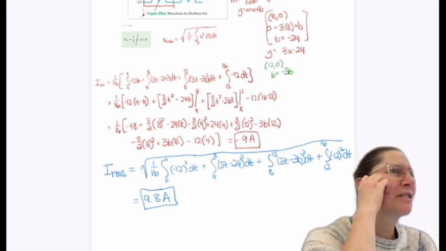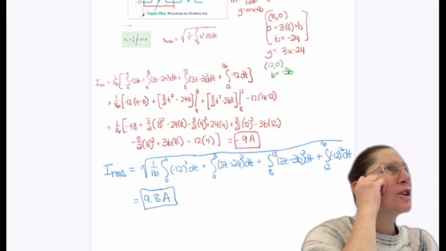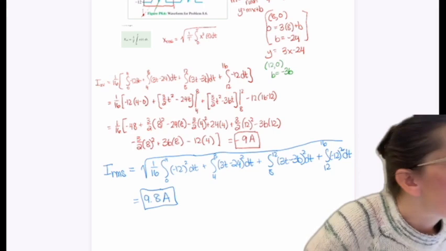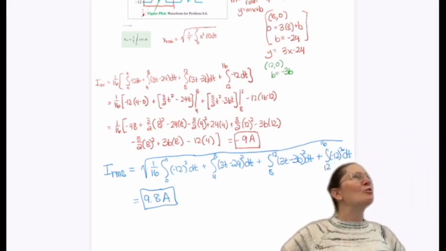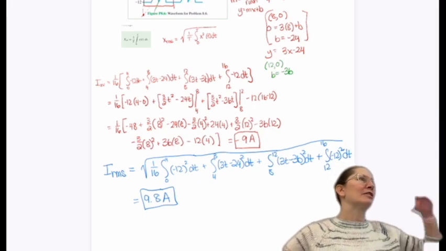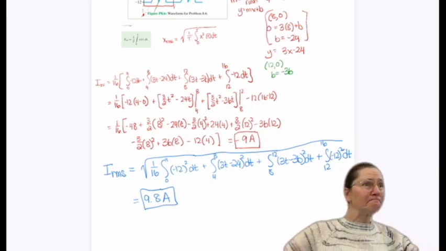Does that make sense? I understand the math of it, but I'm curious why that makes sense physically. So what we want is to say, well, in the DC, we have 5 watts of power here.